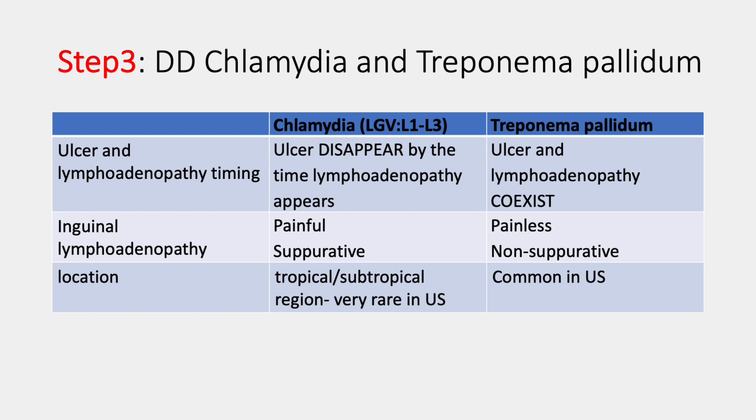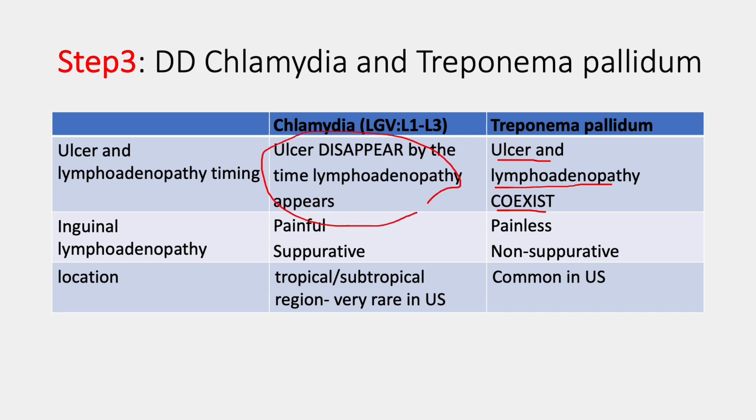So let's say that the patient, for example, in the vignette had inguinal lymphadenopathy that has resolved, and now there is just the painless genital ulcer. In that case, it can't be Treponema pallidum because, as you can see here, ulcer and lymphadenopathy coexist, but it's more likely that it is chlamydia.